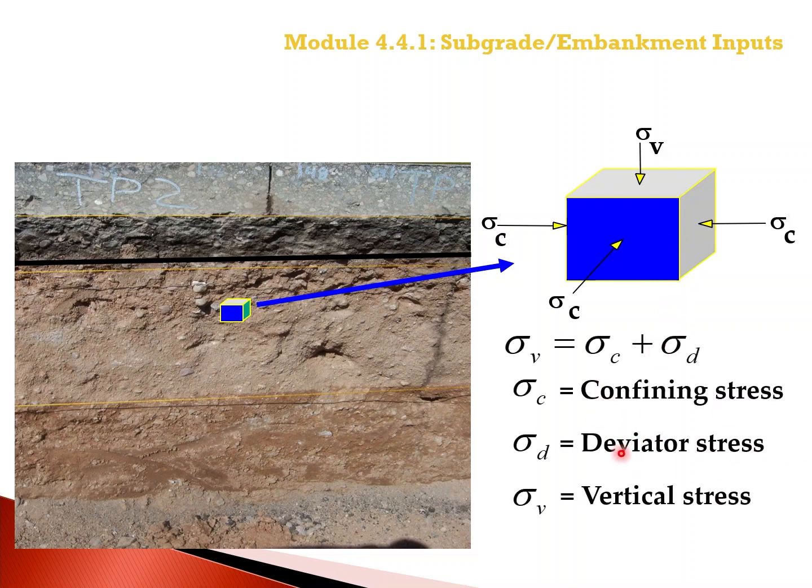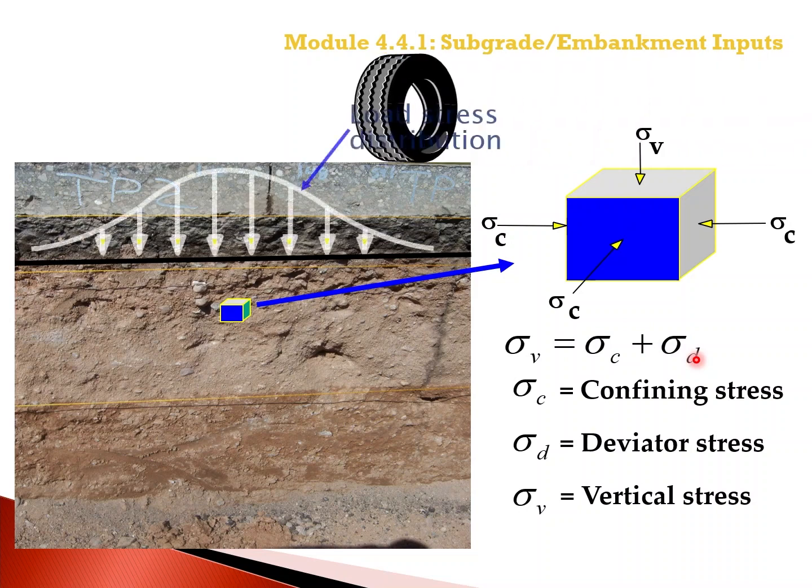Confining stress, the deviator stress, and the vertical stress. So the vertical stress is simply combined with the confining stress and then plus the stress state from the deviator stress.